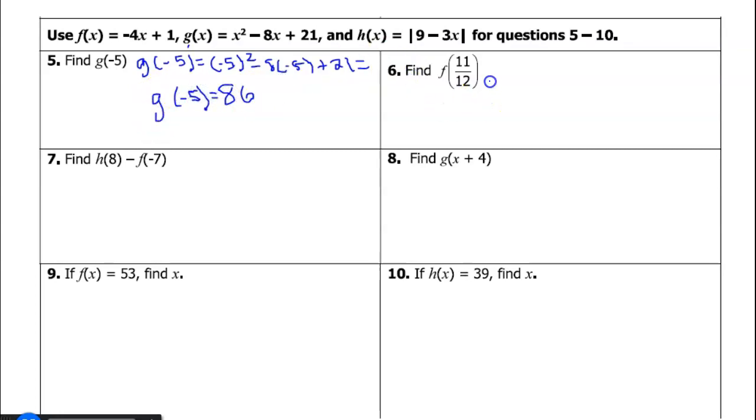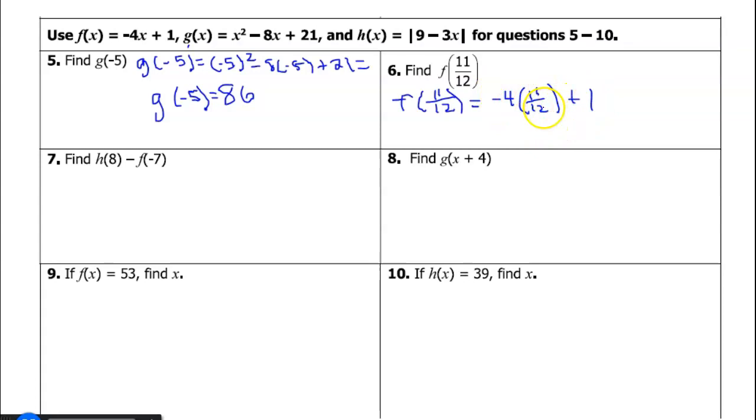All right, they say find f of 11 over 12. Well, I just plug that into f of x. f of x is equal to -4x plus 1. So f of 11 over 12 is -4 times 11 over 12 plus 1.